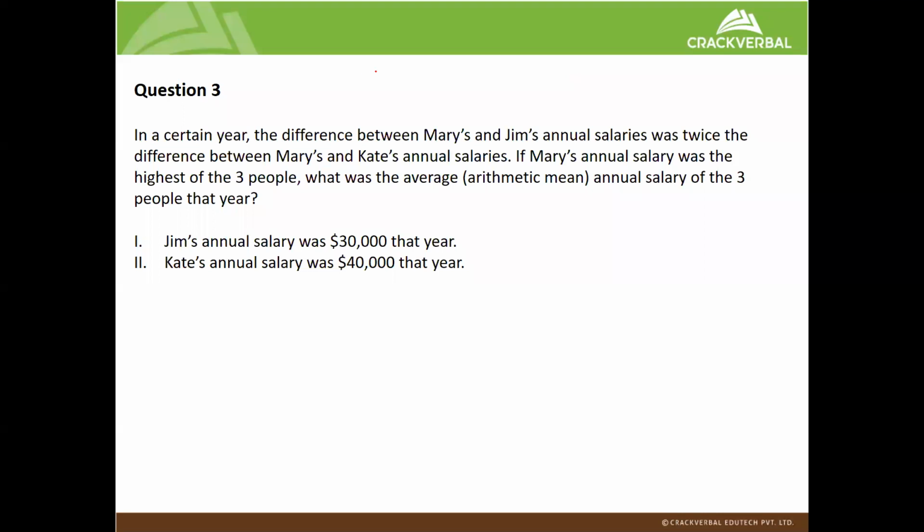So the question tells me the difference between Mary's and Jim's annual salary, that's M minus J, was twice the difference between Mary's and Kate's annual salary. So this is given to me in terms of equations. Why did I take M minus J and M minus K, not J minus M and K minus M? Because the next line tells me that Mary's annual salary was the highest of the three people, so from the highest value I need to subtract the other value.